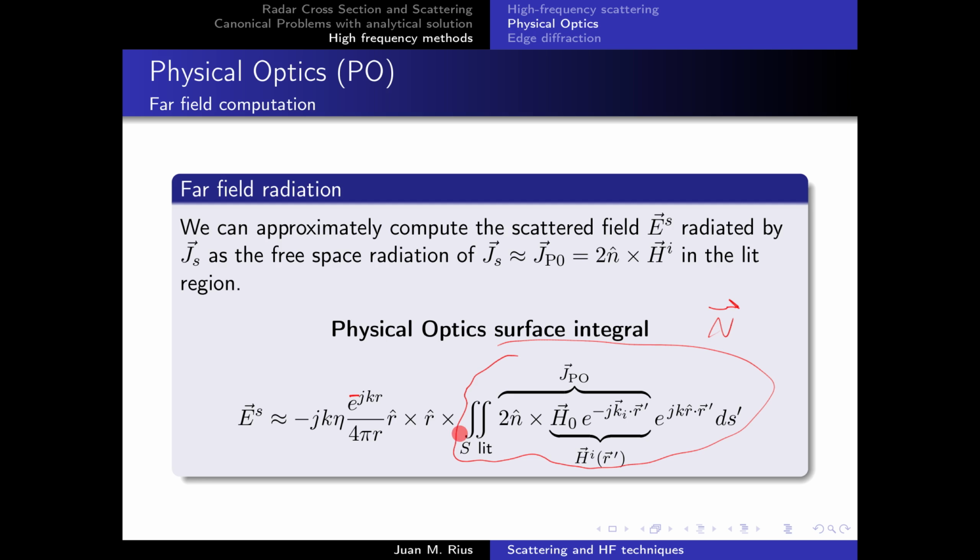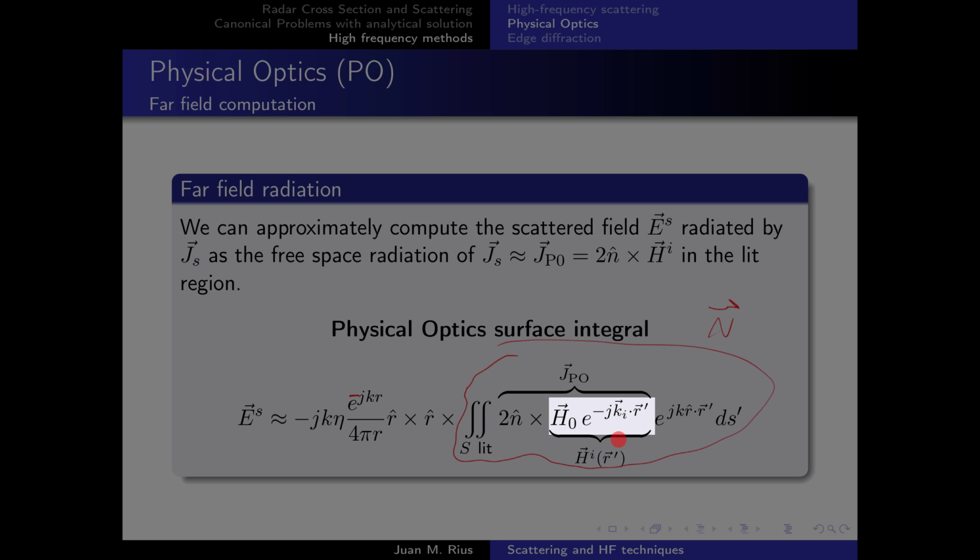So essentially we have the integral of the currents times the Fourier transform exponential, and the current, as we said before, is approximated as twice the tangent component of the magnetic incident field, and the magnetic incident field is the direction and amplitude of the magnetic incident field times the plane wave phase.